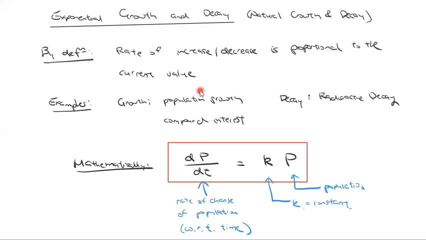Does that make sense? Yeah. Great. So this is the fundamental definition of exponential growth and decay. So we'll write it out again on the next page. So we've got dP/dt equals k times P.